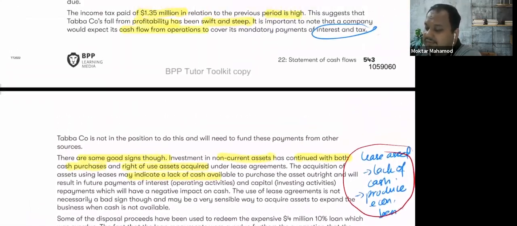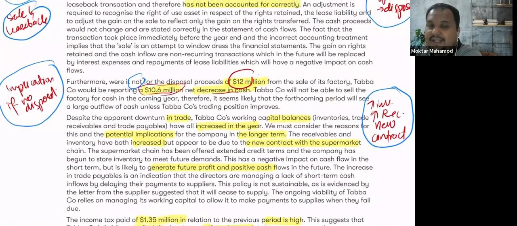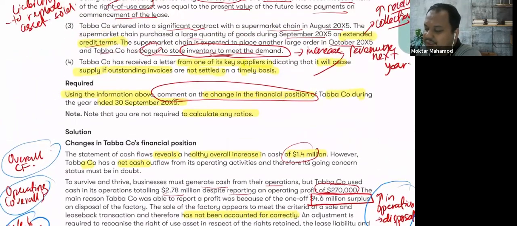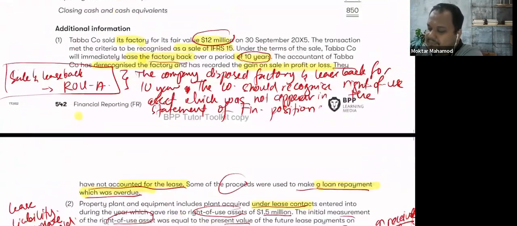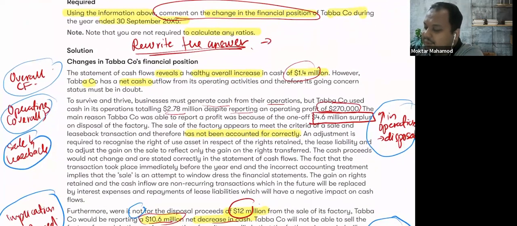This one, I suggest you not even to read this, but you need to rewrite this. And this one will be your homework. Rewrite the answer. Rewrite means based on your own words, own writings.